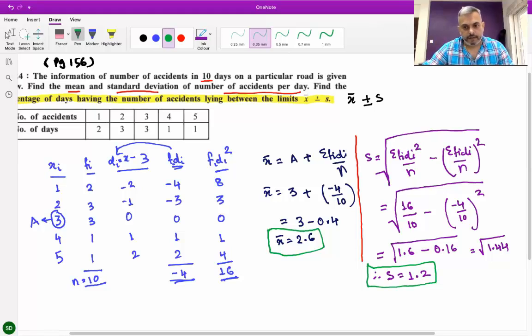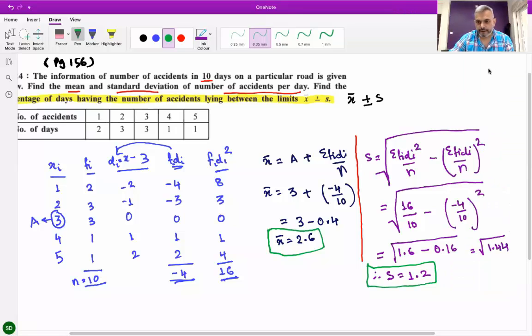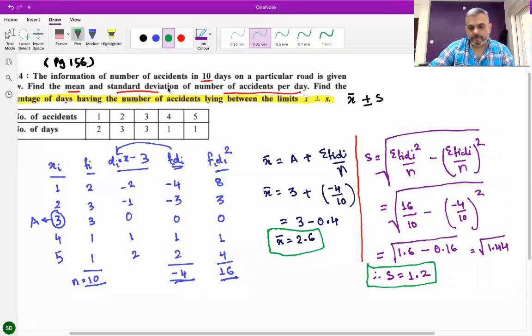Till now, every concept is clear. Are you all able to do this? Anyone has any doubt? Okay. Now, please pay attention. This is a very important part.